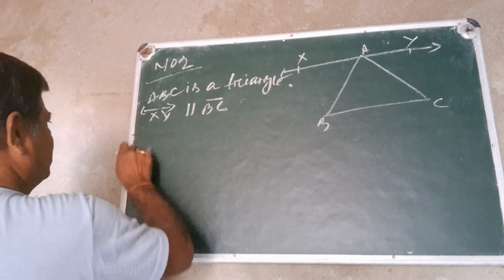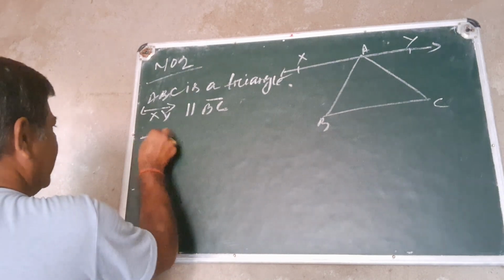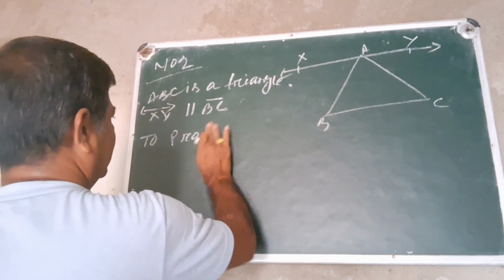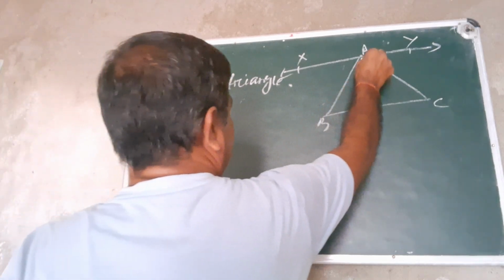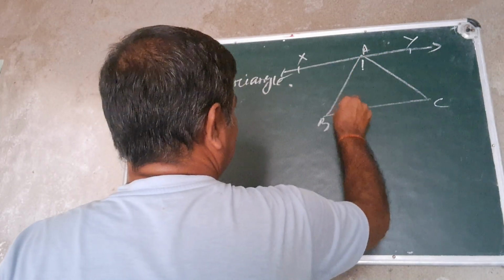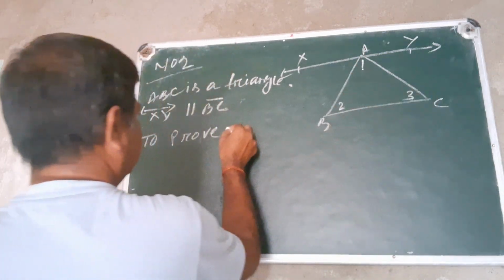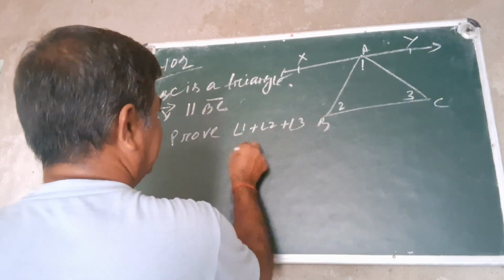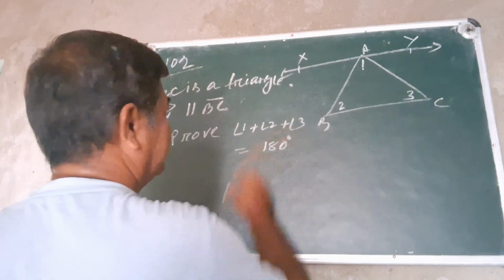We will prove angle 1 plus angle 2 plus angle 3 equal to 180 degrees.